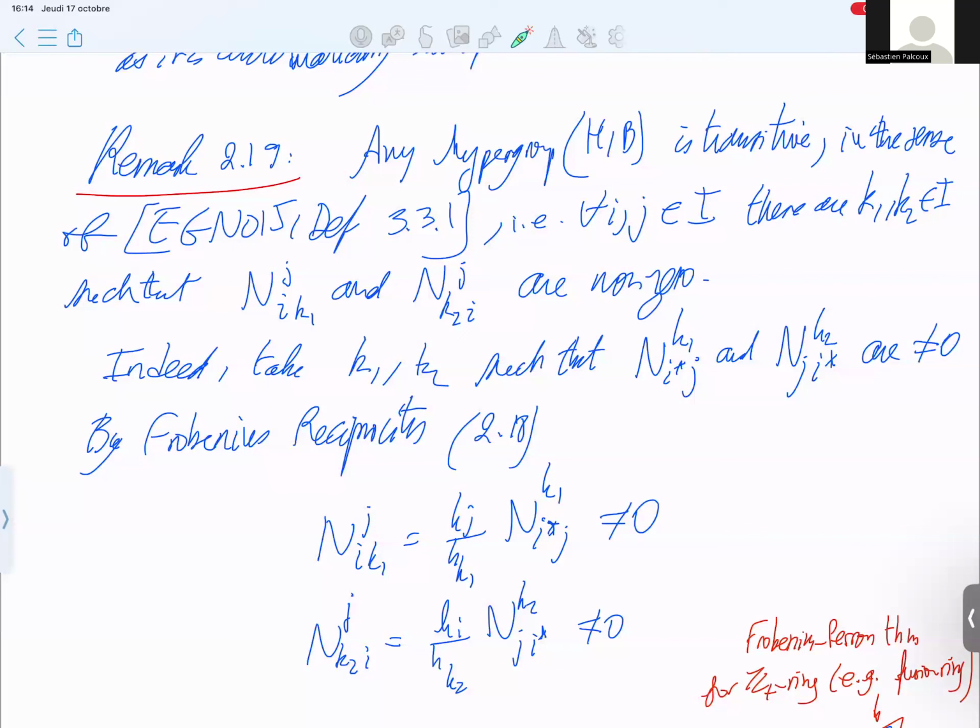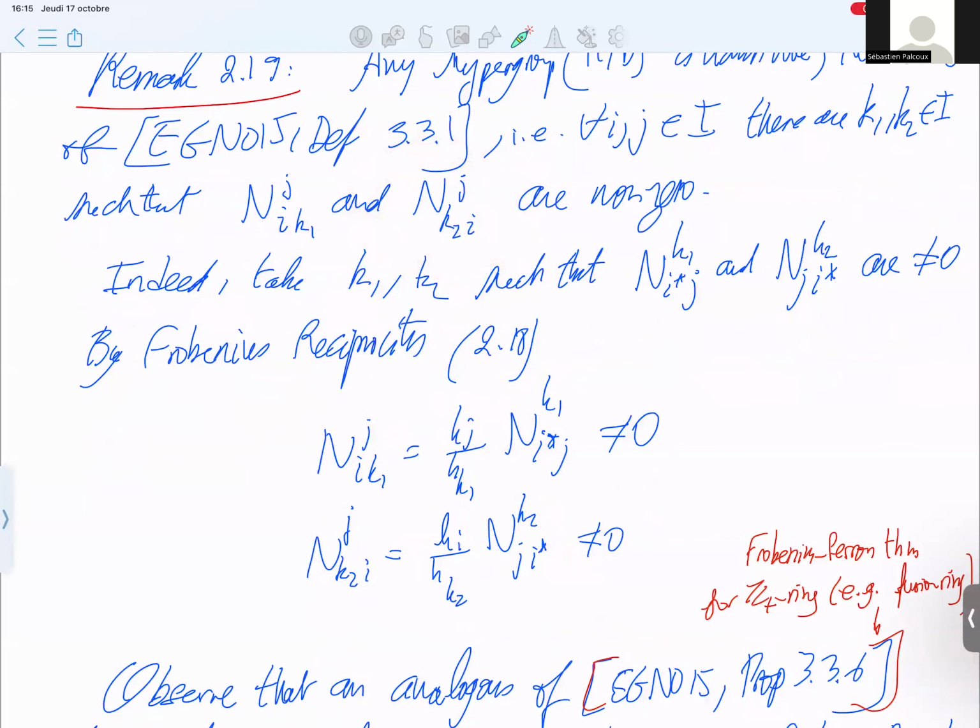So if you have two indices, they always exist such that the second index appears with a non-zero coefficient as a component of the first index multiplied by something on the left and on the right. Like that. Particularly if it is abelian, you only need this. But I have a small doubt whether we should put J and I. But anyway, by Frobenius reciprocity, we don't need to care about these kinds of details.